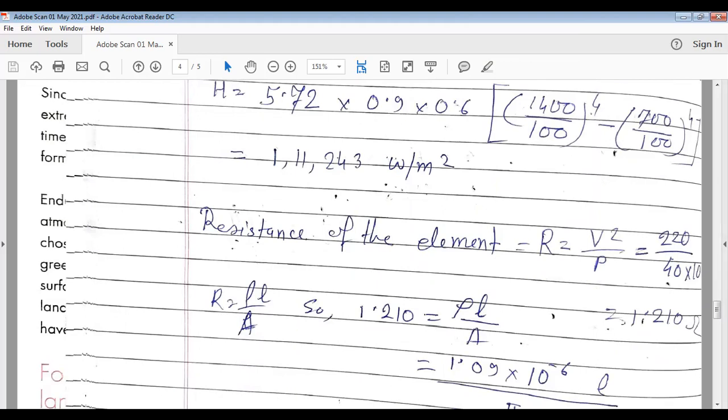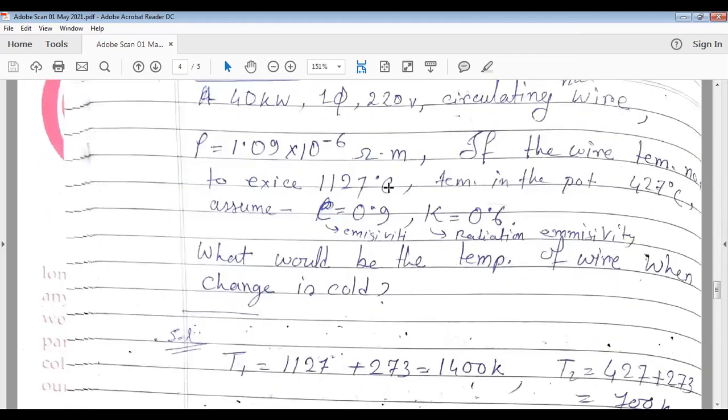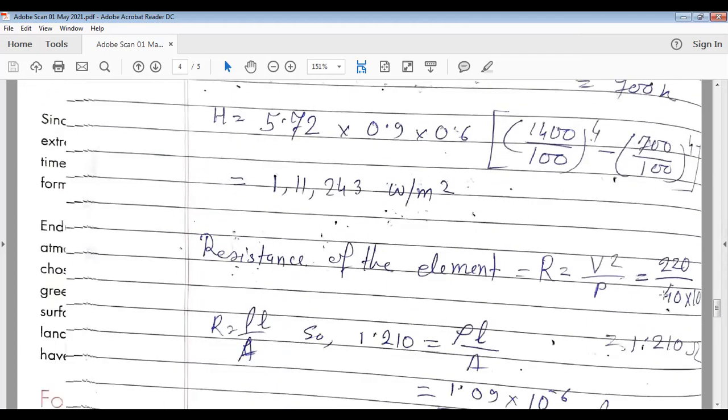P is in watts, and 40 kilowatt means 40 into 10 to the power 3. Here 10 to the power 3 is not shown because of some photography cutting. So the resistance should be 1.21 ohm.